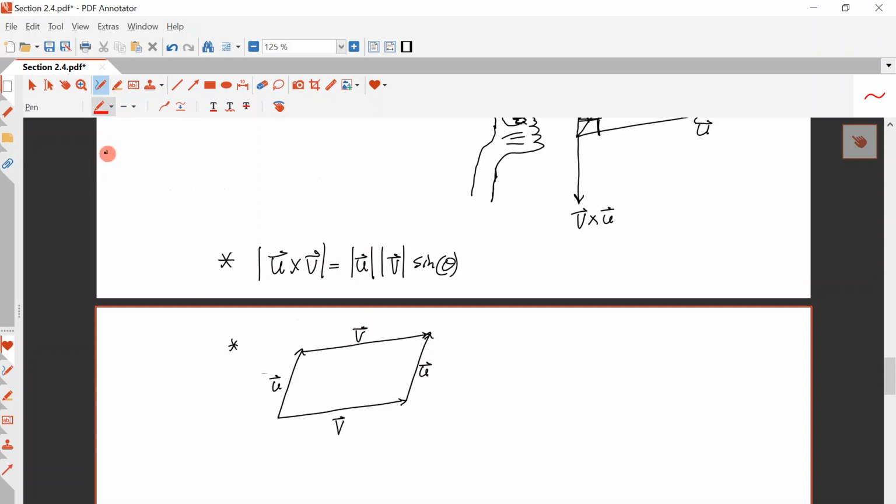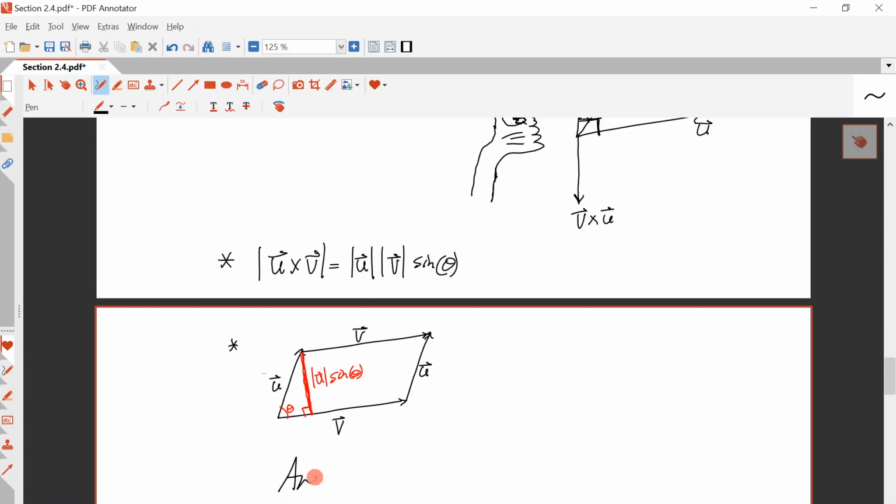Now, if I took the height of this parallelogram, it's this line right here. If this angle here is theta, and this is a perpendicular, this red length here is the length of u times sine theta. So the base of the parallelogram is the length of v, and the height of the parallelogram is the length of u times sine theta.